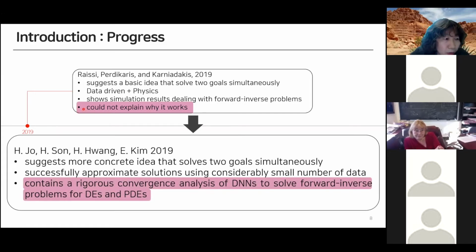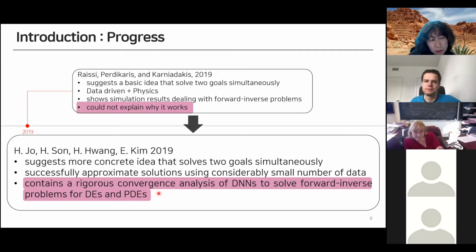Around the same time, our group also applied the DNN method to the forward and inverse problem of PDEs. There we proved rigorously that DNN approximate solutions converge to an actual analytic solution as the number of nodes gets large. This approach is rather related to the approach from the pure PDE community.